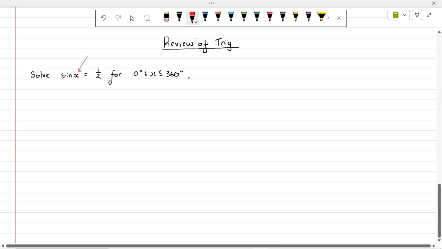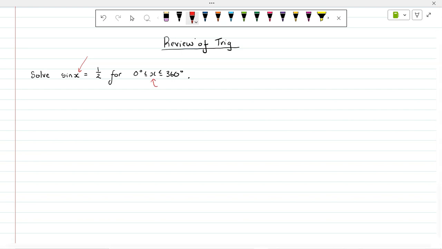Just remember this angle x attached to the sine here has its domain, which should be given to you. So here x is between 0 and 360 degrees. The process is that you always have to find your reference angle before you use the CAST diagram. The first thing you want to do for your trig equation is get your trig function by itself on one side of the equation.